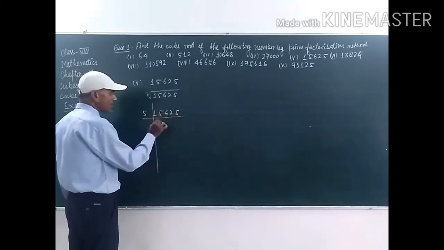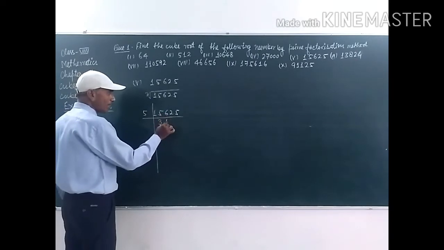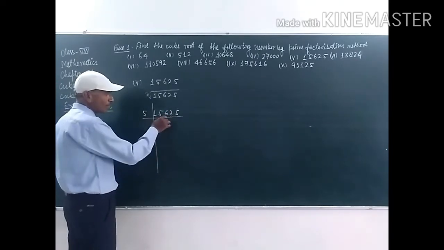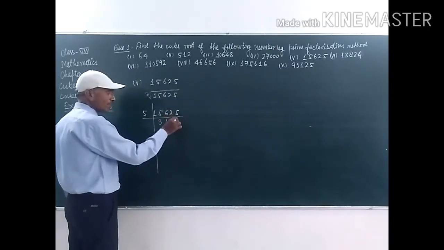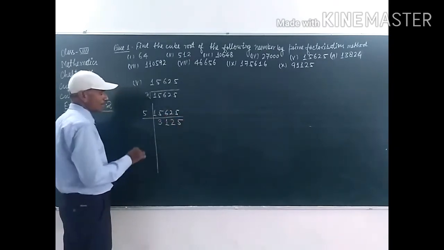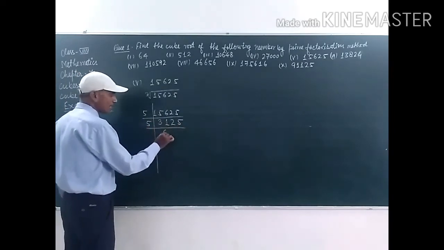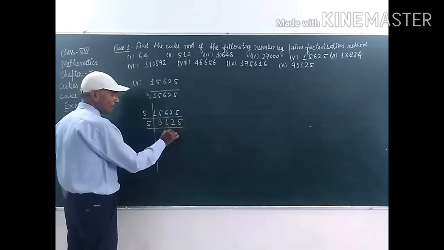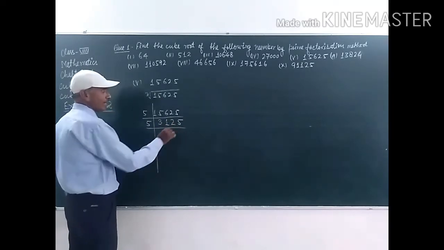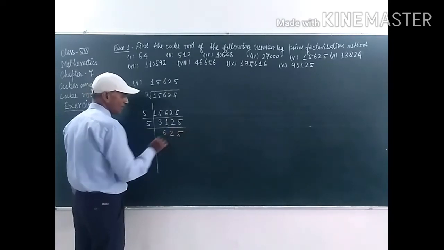So 5 3 ja 15, this one 6, 5 1 ja 5, 1 is left here 12, so 5 2 ja 10, remainder 2 25, 5 5 ja 25. Again divided by 5, 5 6 ja 30, this one 1 and 2 12, 5 2 ja 10, this 2 and 5, 5 5 ja 25.